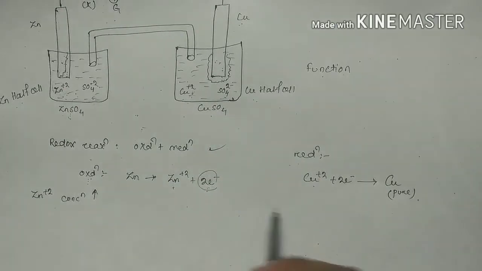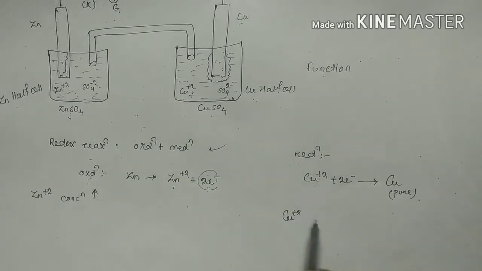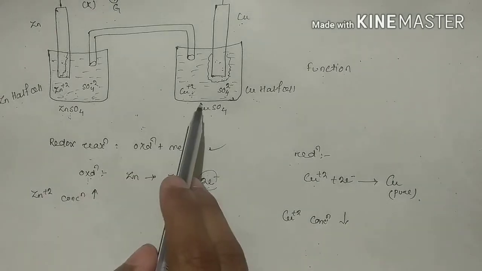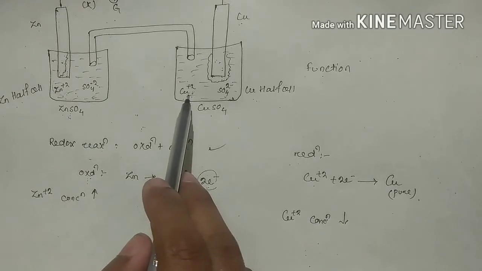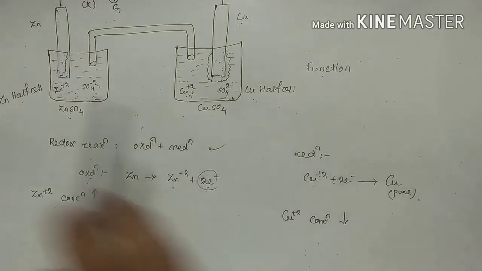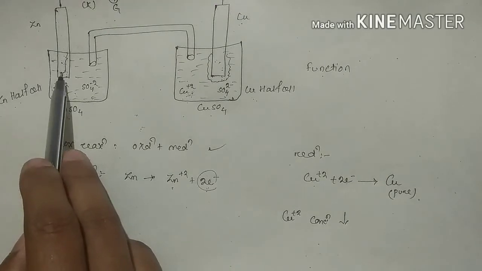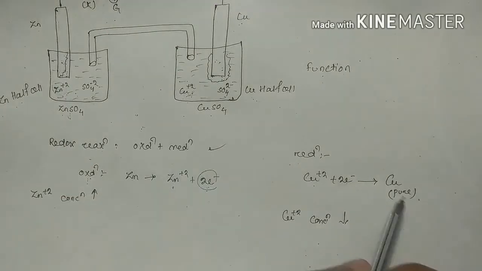copper ion concentration will decrease. How? During this process the copper ions present in the electrolyte will accept the electrons removed from the oxidation reaction, and form pure copper.